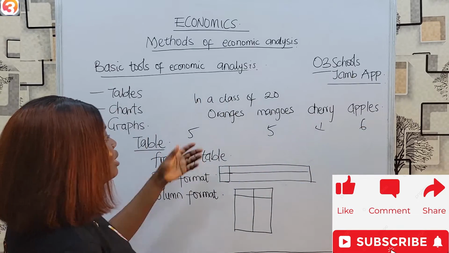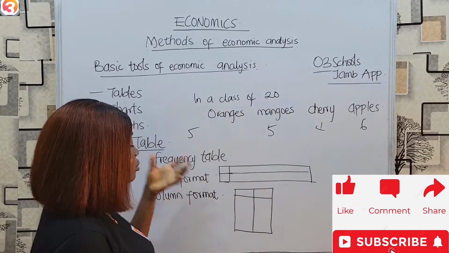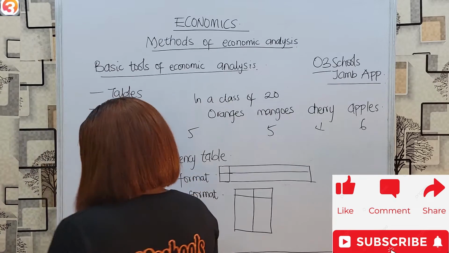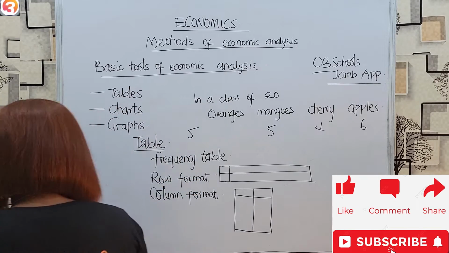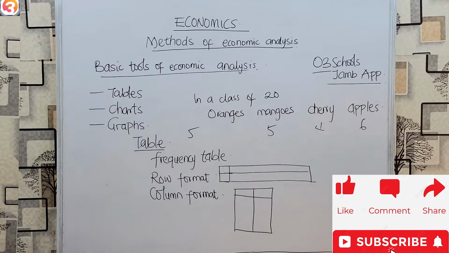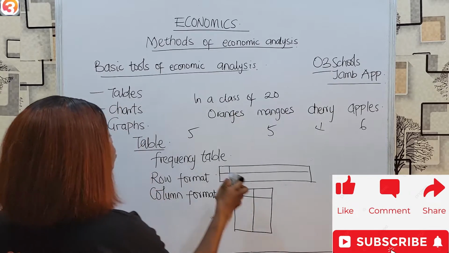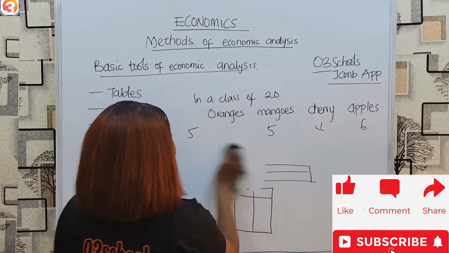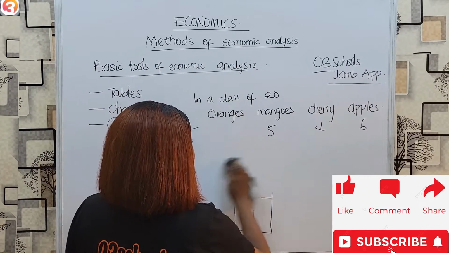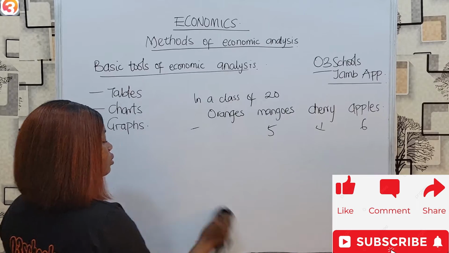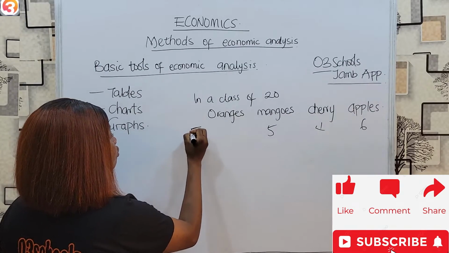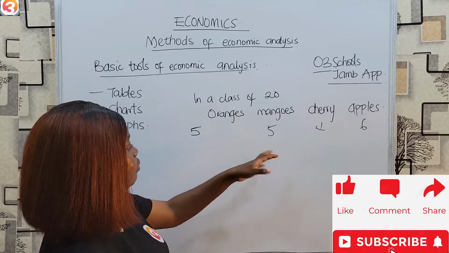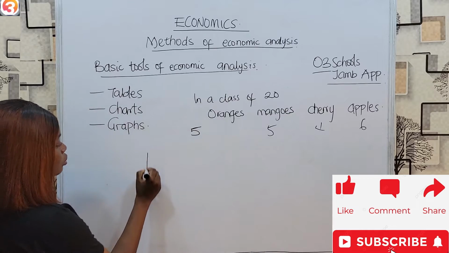And they say let's represent this data in a frequency table. So we can choose any of the formats and put it in a row format. This is 5, this is 5, 4. Okay, so now let's draw our table.